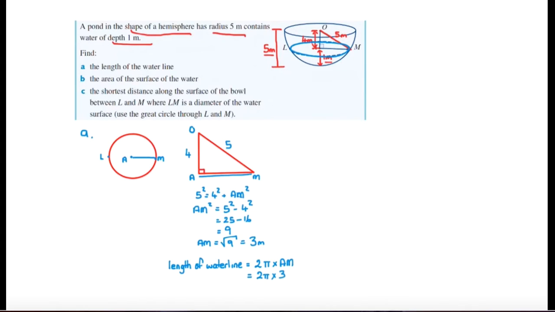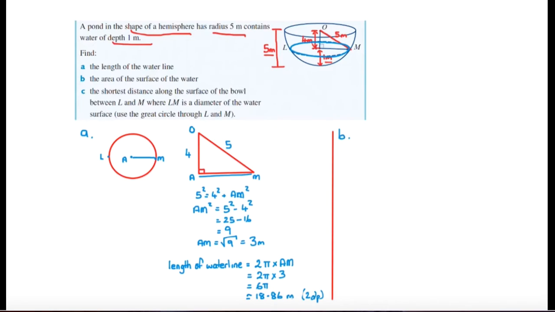So the distance around the waterline is exactly 6 pi, but we can round it to 2 decimal places as 18.86 meters, correct to 2 decimal places.